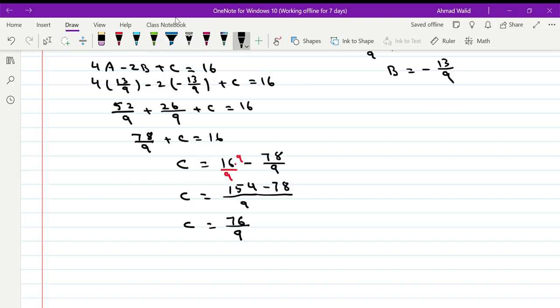Now you have the values of A, B, C. Plug in the values of A, B, C in the equation in step 1 and you're done.